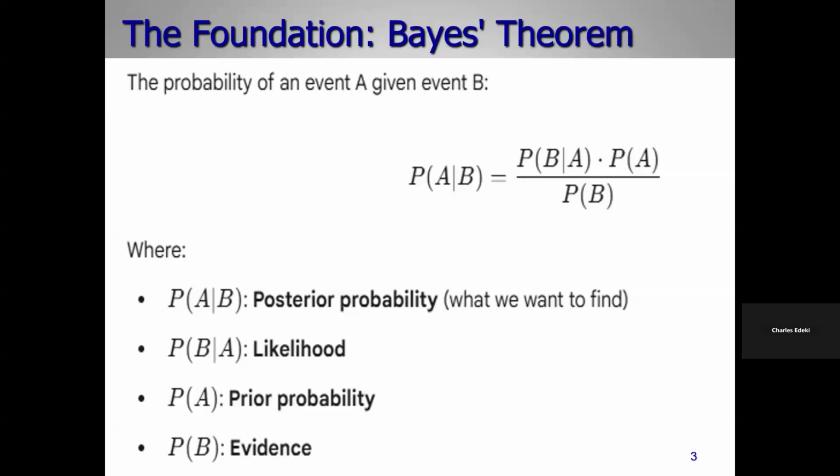For example, if we are trying to classify an email as spam or not spam, and we are using more than one word, say the word free and also the word money as features. Now, naive Bayes assumes that the presence of free is independent of the presence of money or any other features, once we already know the email is spam or not spam.